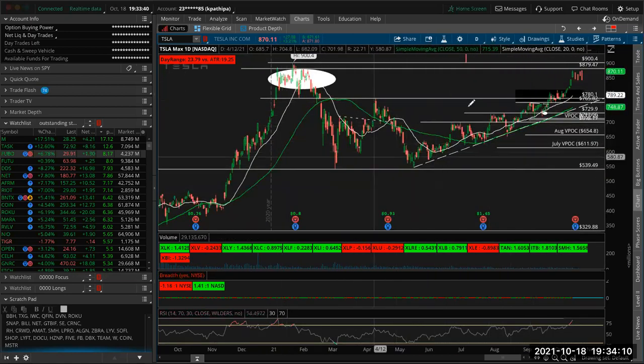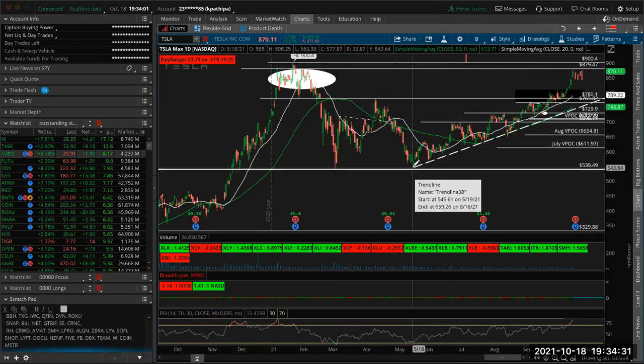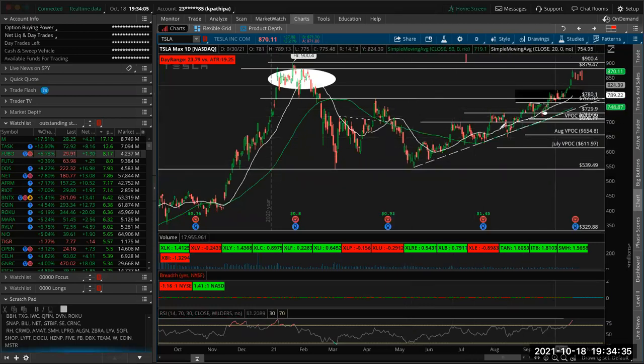The reason most of the time you get this cup pattern is because all the sellers are drained right here, and there are no more sellers. That's the reason it's not going down anymore. Whatever is being sold here, there are enough buyers to take it. That's the reason it has been moving higher, because people who wanted to sell already did right here.